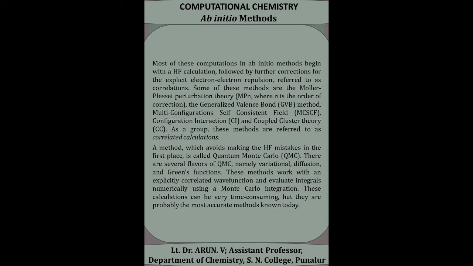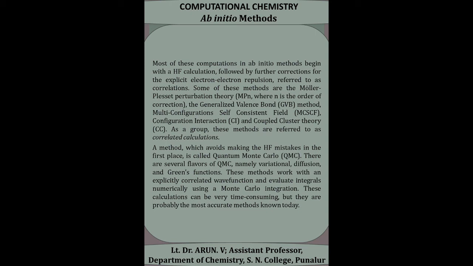A method which avoids making these mistakes in the first place is called quantum Monte Carlo. There are several flavors of QMC, namely variational, diffusion and Green's function. These methods work with explicitly correlated wave functions and evaluate integrals numerically using Monte Carlo integration.